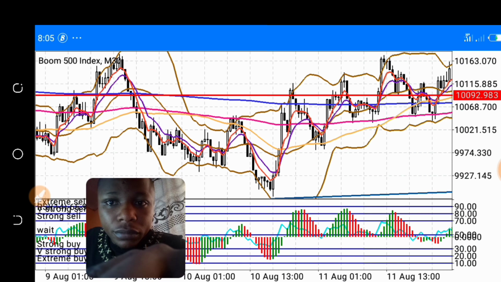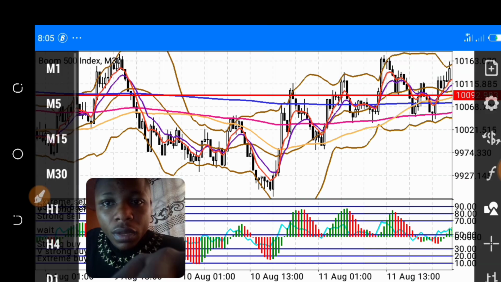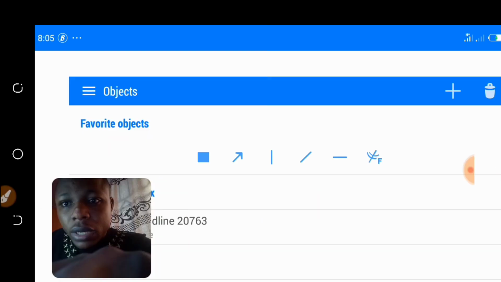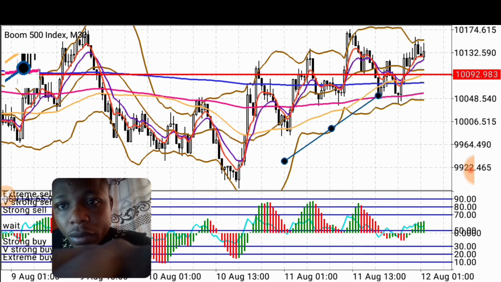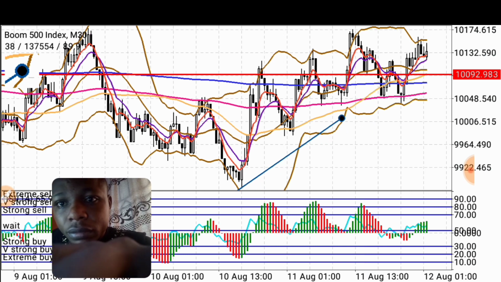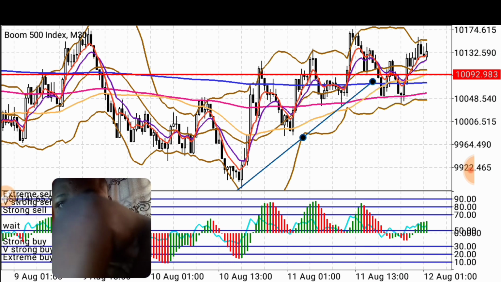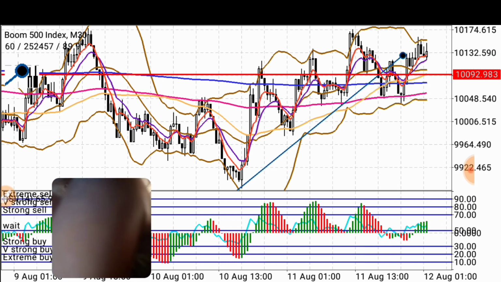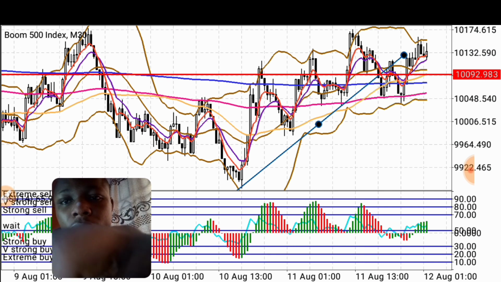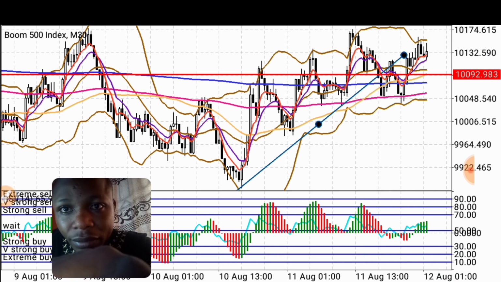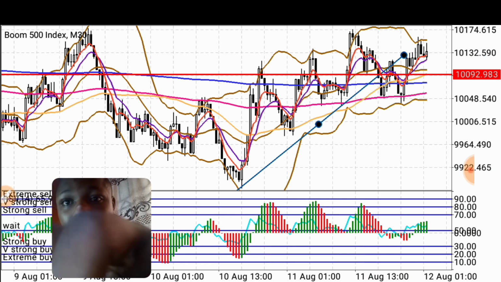Always adjust your trend line immediately new levels are formed. Though it doesn't respect it over here, it doesn't respect it at all.